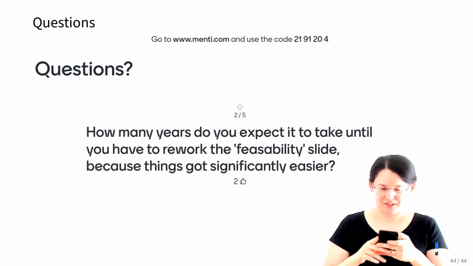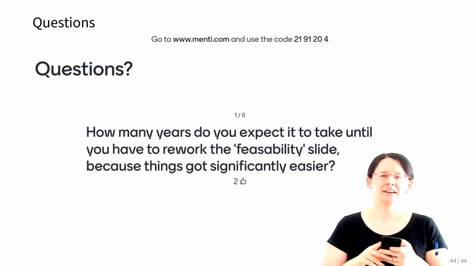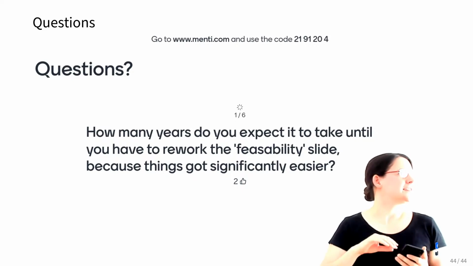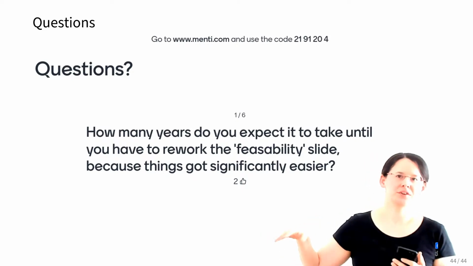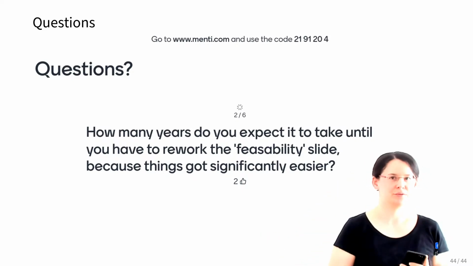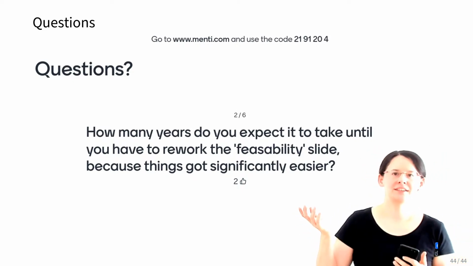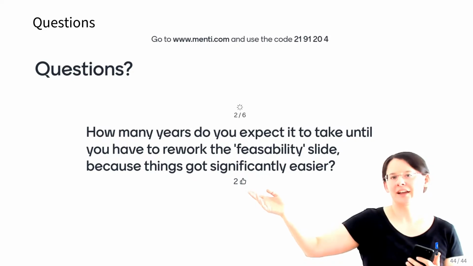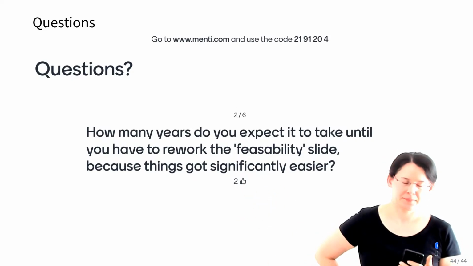How many years do you expect it to take until I have to rework the feasibility slide? The thing is that so far Moore's law has been quite reliable in forcing us to rework this slide every few years, or at least every 20 years or so. So for example, you can see that in the beginning of the 90s, 128-bit hash output, which is 64-bit security, was still considered okay.